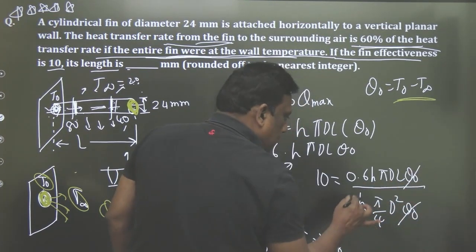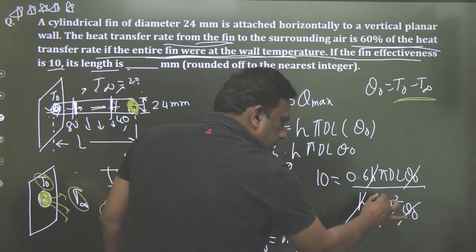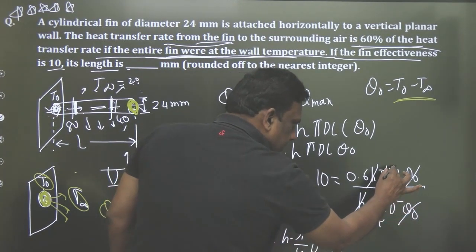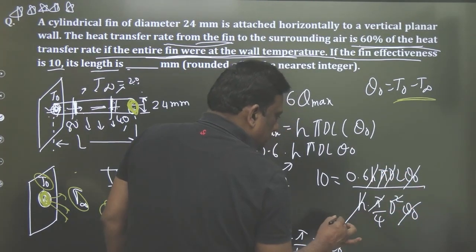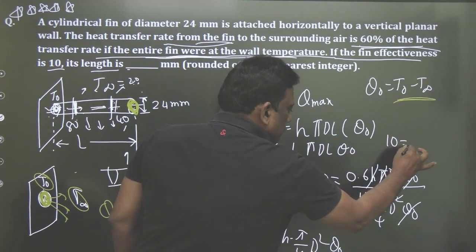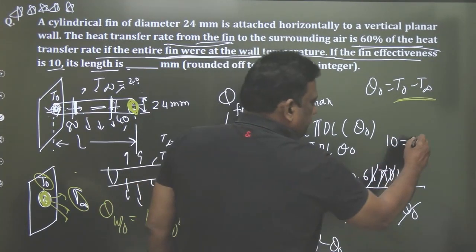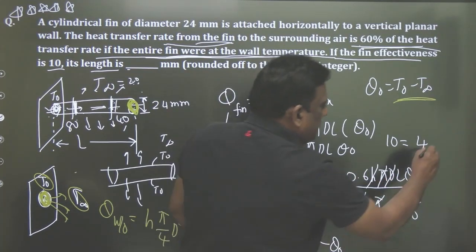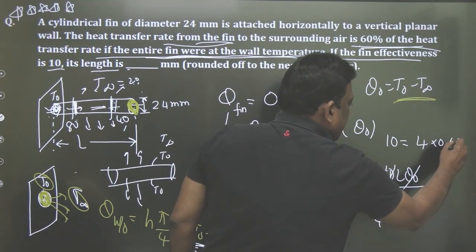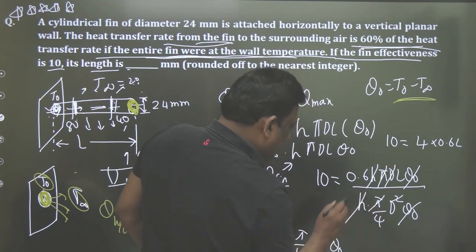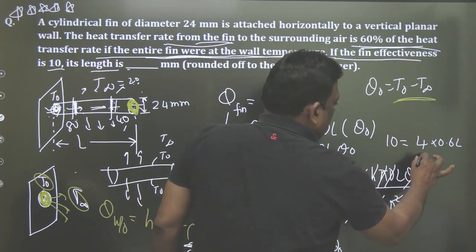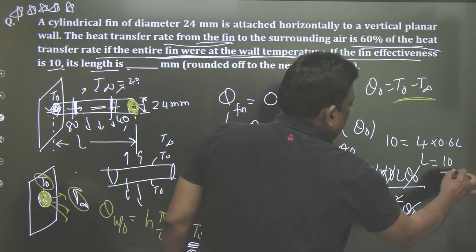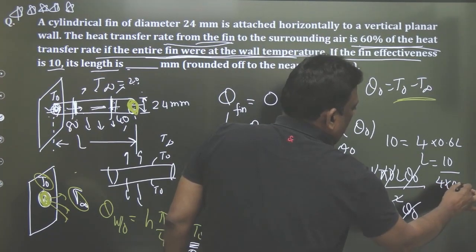Theta naught is gone. h is gone. Pi is gone. d is gone. So therefore 10 is equal to, this 4 will go to the top. There is 0.6 L. Any other data? 0.6 L. Okay. So L is equal to 10 by 4 into 0.6.